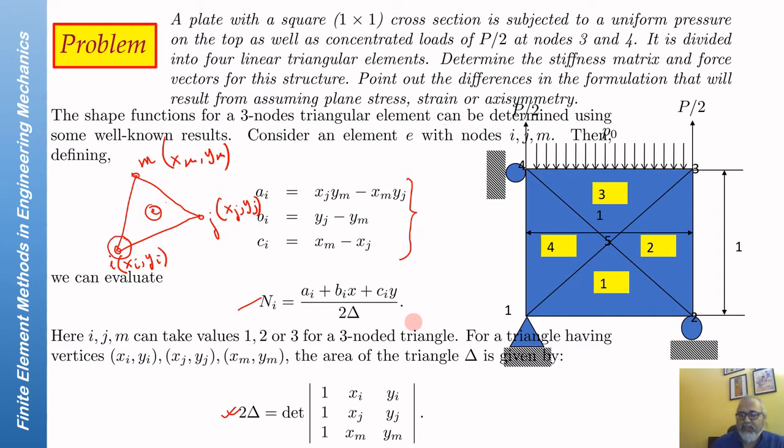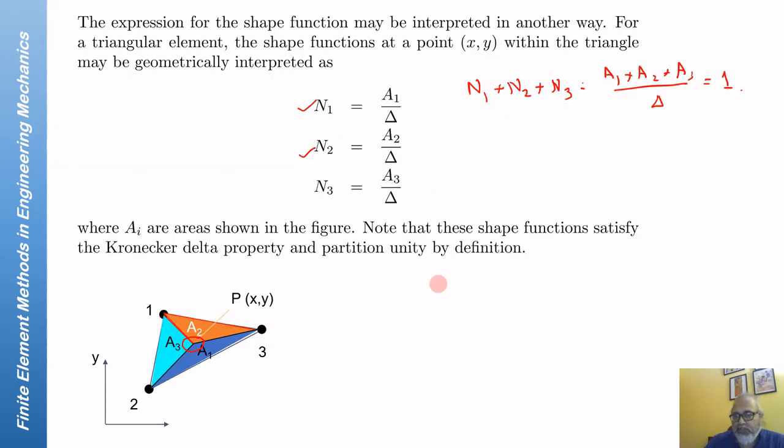If you follow this recipe, you would actually be doing the area coordinates and finding the shape functions. So this is a direct way of finding shape functions without actually undergoing that A inverse times a matrix calculation that we showed. It's the same calculation done in a more systematic way.